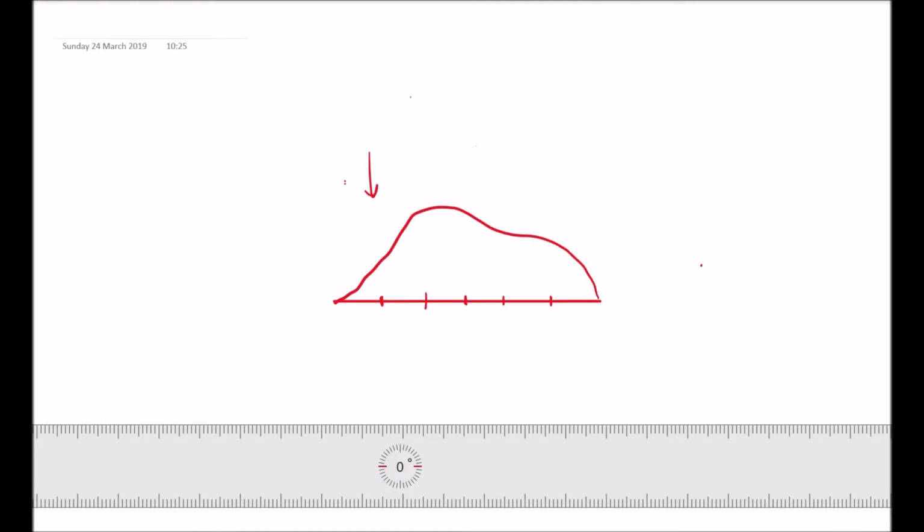Could do it again using even smaller rectangles. So as you can see, the more rectangles I use, the closer I'll actually get to the real area of that. Okay, and that basically is what trapezoidal rule is.